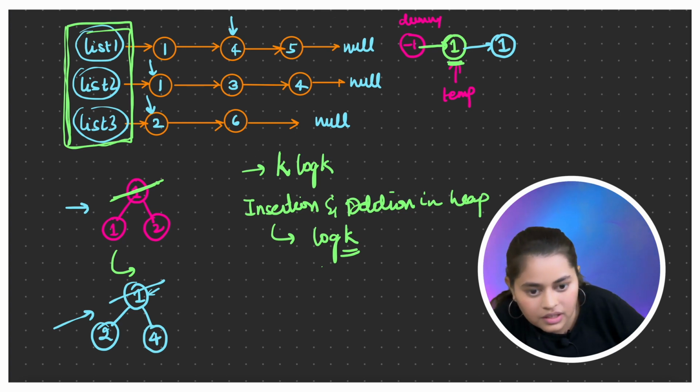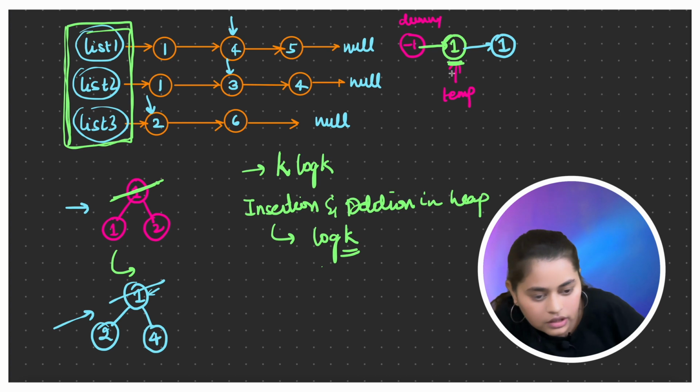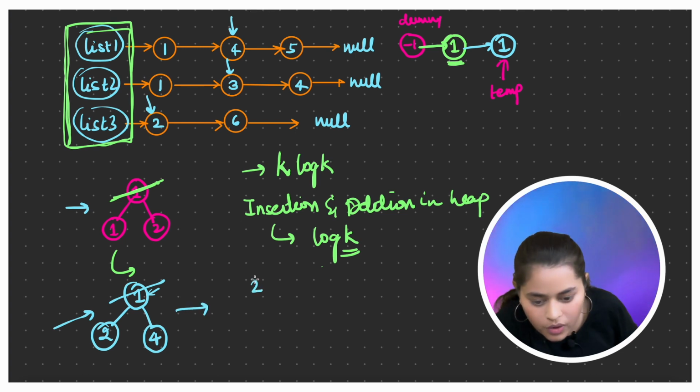After doing this, again we have taken the minimum one, so the minimum this time is this, right? So we'll again increment its pointer, and we'll again increment our temp pointer, right? So now the min heap will become something like this. We have 2 and 4, right?